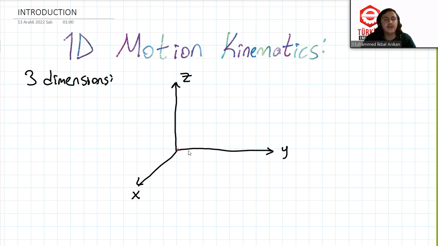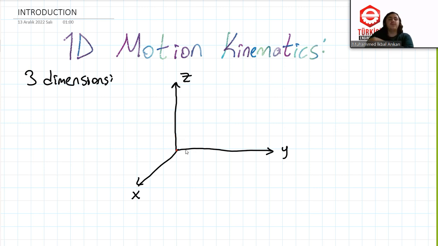Or in another case, if I'm moving only in the y-axis, just upward or just downward in the negative direction, that will be only one-dimensional motion. In this third case, if I'm stable in x and y, but I'm just moving in z, up or down, it will be one-dimensional motion. So this is why we are talking about one-dimensional motion.